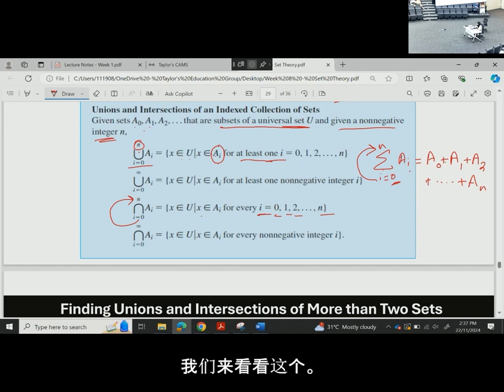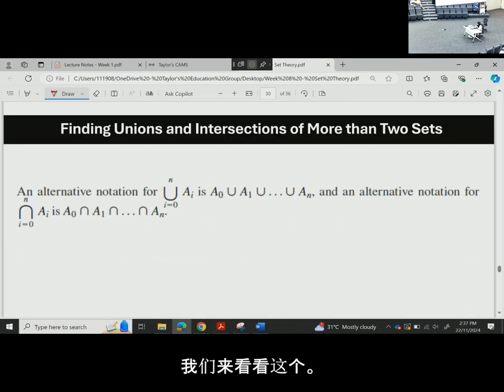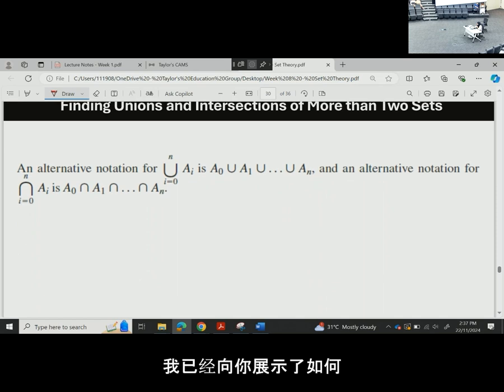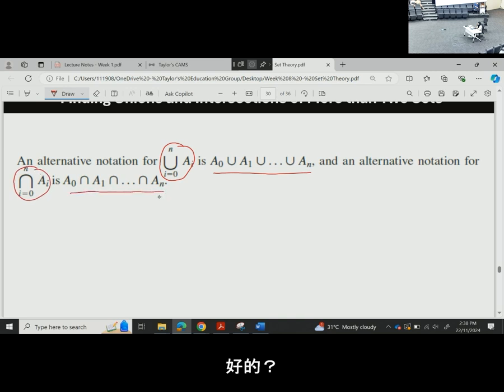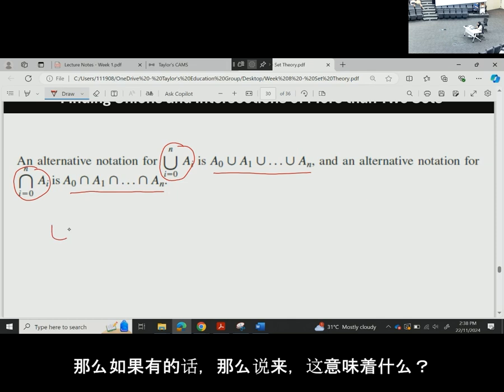Okay, let's look at this. I have already shown you what this notation is and what its expanded form is. This is the notation for intersection, this is the expanded form. Okay, so if you have, let's say, this, what does it mean?